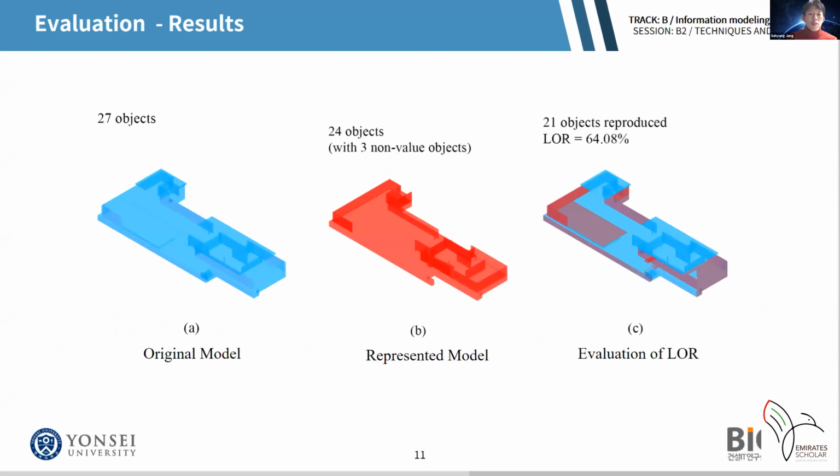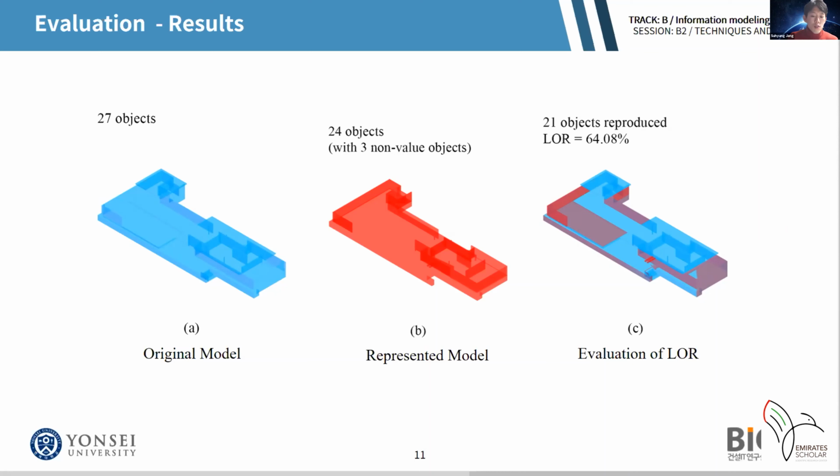The reproducibility of the log is tested through a modeling case of the Barcelona Pavilion by Mies van der Rohe. The original model included 27 objects, and the modeling process is represented using the enhanced log from the logger.